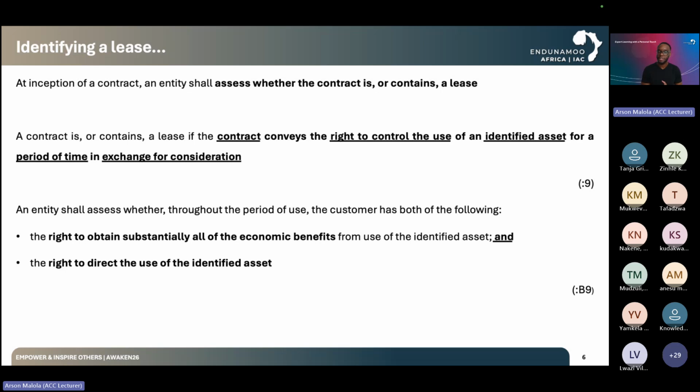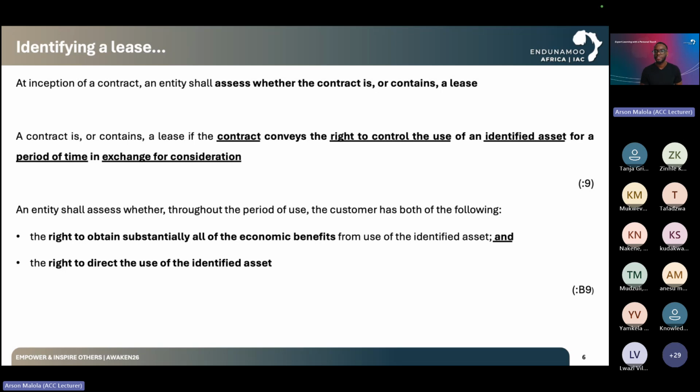Same thing with IFRS 9. With all these contractual standards, it's important to know whether in the context of a lease you are the lessor or the lessee, or while assessing whether a contract contains a lease, you are a customer or a supplier. Why is that important? Because if you get the perspective wrong, you're dead from the beginning.